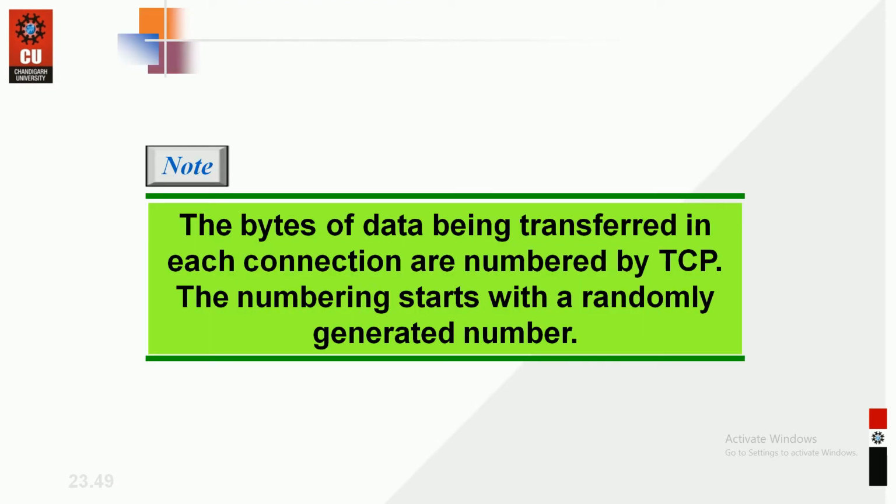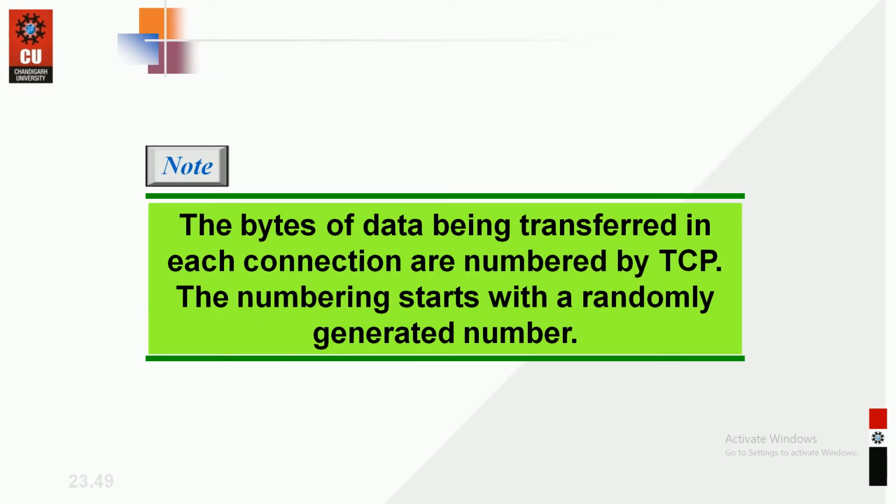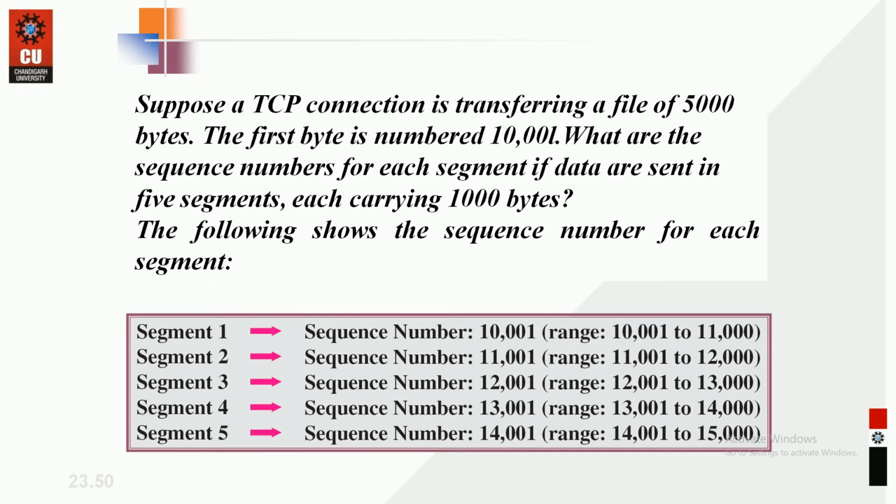Now, the bytes of data being transferred in each connection are numbered by TCP. The numbering starts with a randomly generated number. What this means is, in the previous slide we saw there are segments. Now, how can we identify which message each segment belongs to? This is done with the help of a sequence number or identification number.